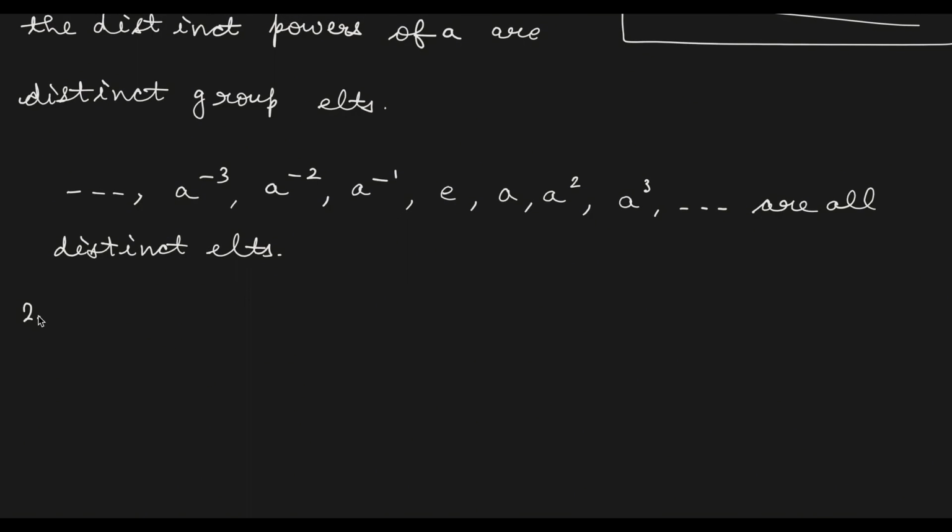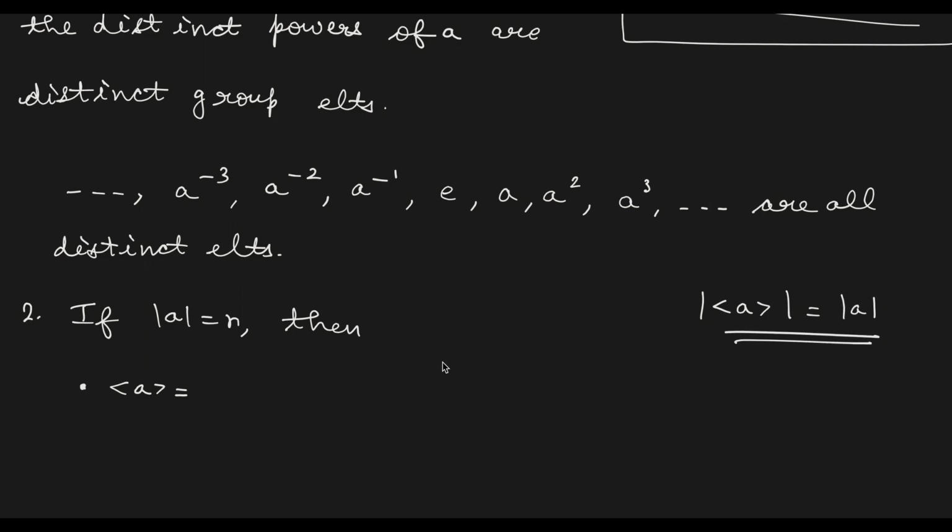Second, if order of A is equal to n, then generator A will contain n elements only. Generator A order is same as order of A. So it will have identity, A square, A cube, so on till A to the power n minus 1.